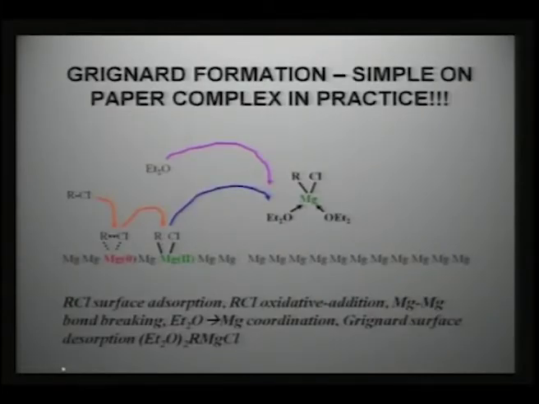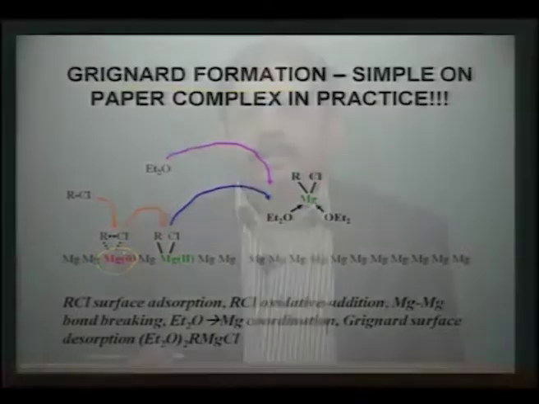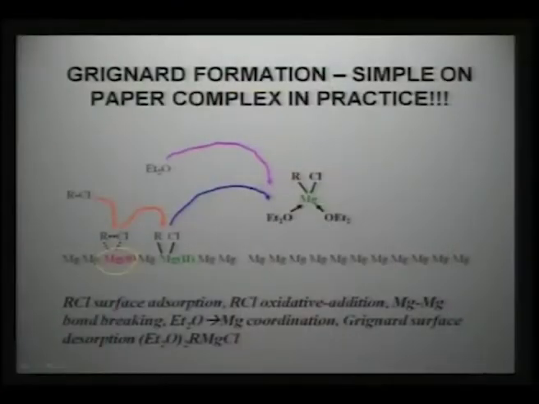Just to show what are the various steps that happen in solid state synthesis, take again the example of Grignard formation. In this case the alkyl halide gets adsorbed in the initial reaction with the magnesium metal which has zero valency. Now once bonds are formed, this sort of species is formed, which now takes another molecule of ether, and this is now getting detached from the magnesium metal surface.